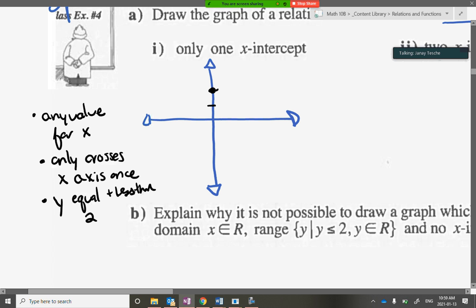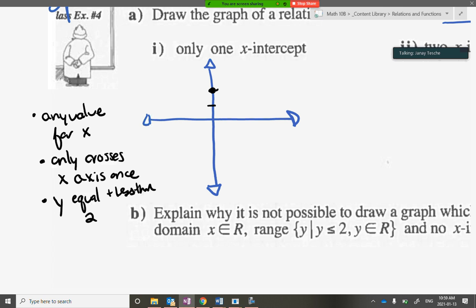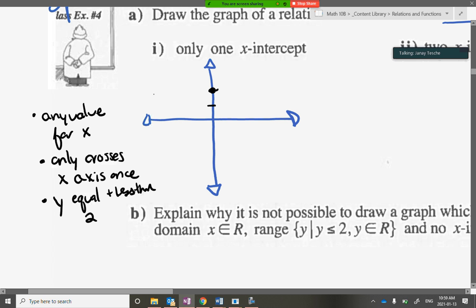Horizontally, it has to go as far in either direction horizontally and has to cross my x-axis. Are there lots of possibilities here? Totally. So make sure you're drawing it carefully. You could draw a graph like this. That would totally work. They have to have the arrows because my x values go on forever.